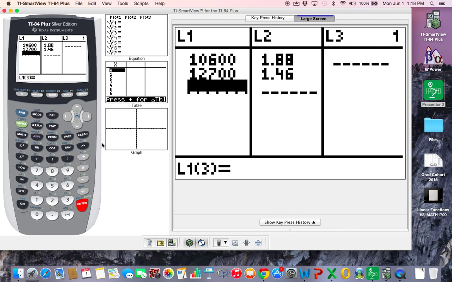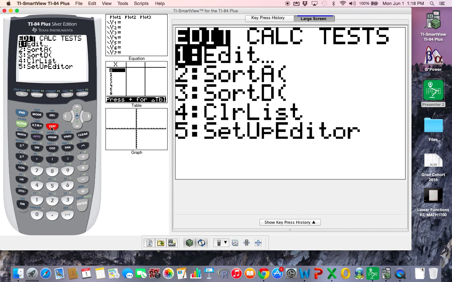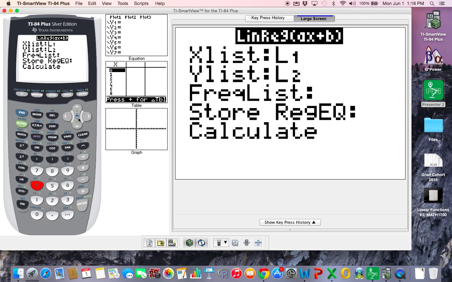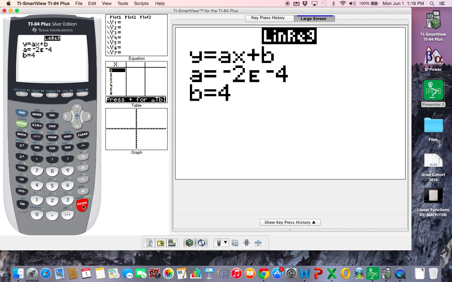Okay, so keep the same prices. So again, let's go stat, go over to calc, come down to number 4. L1, L2 is where we have our information. And let's do calculate. Now, same thing here.